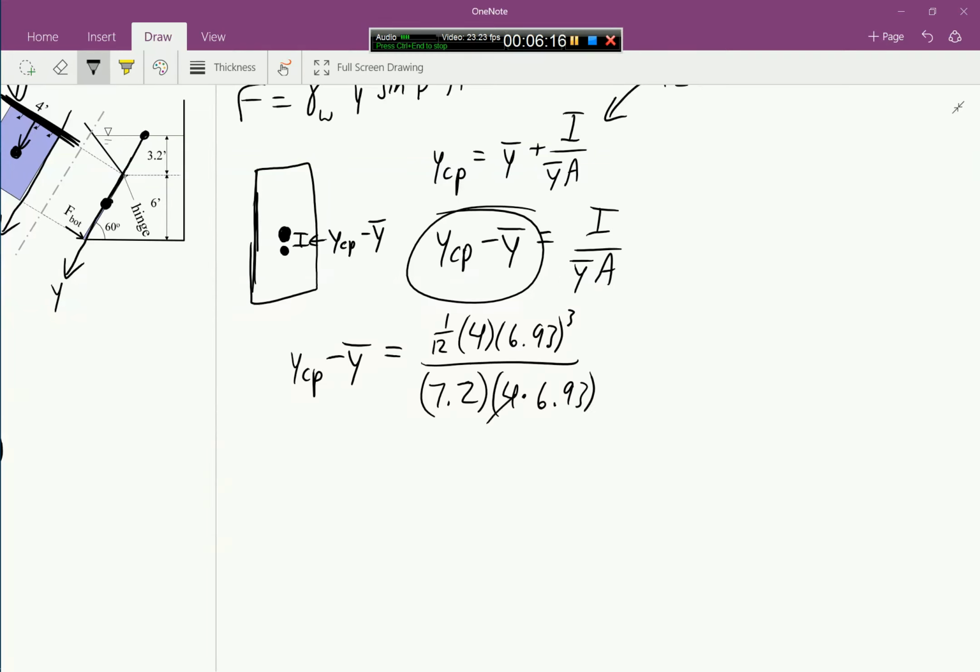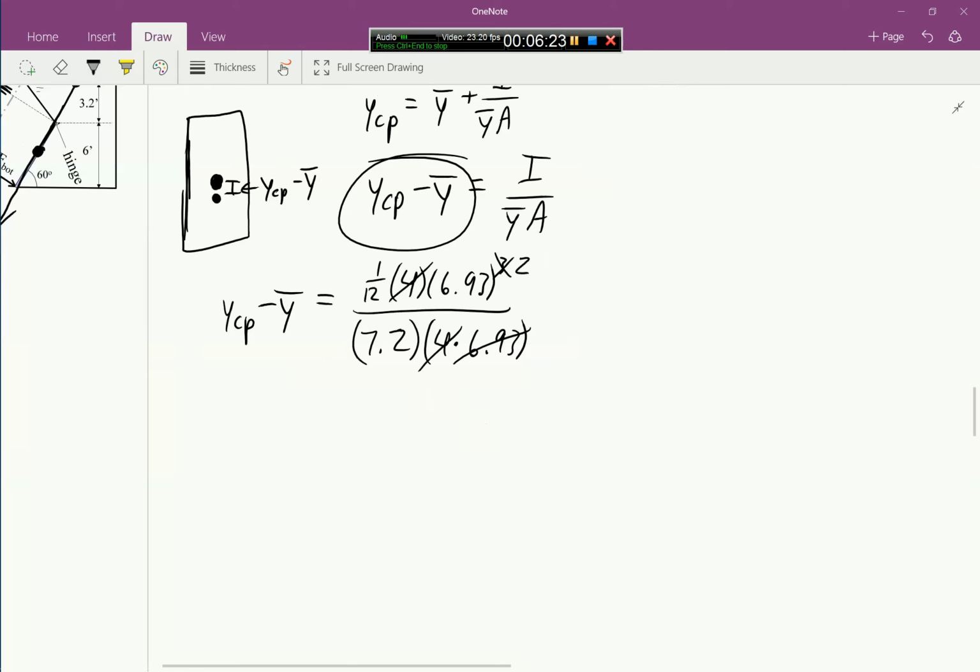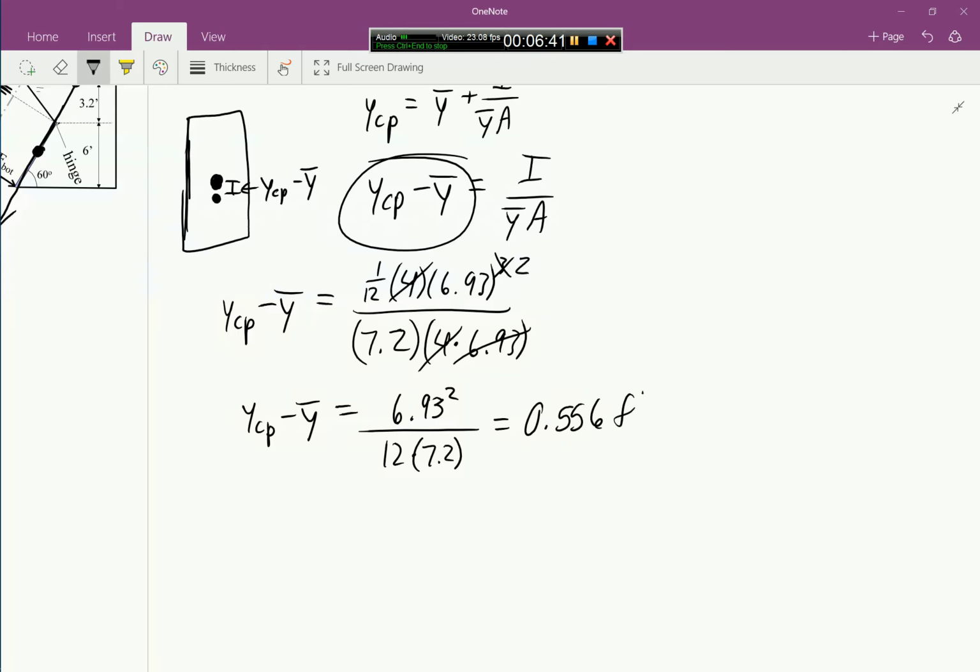Some of these numbers will cancel out. This 4 and this 4 will cancel out. This 6.93 and one of these 6.93s will cancel out, so we'll be left with 6.93 squared on top. And so moving all this down, we will get 6.93 squared over 12 times 7.2. And that gives us a value of 0.556 feet.